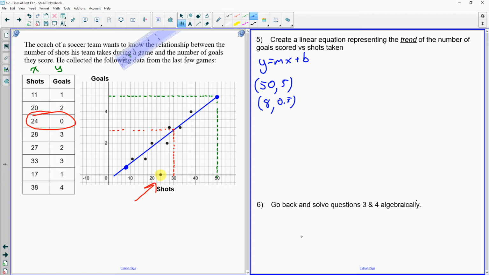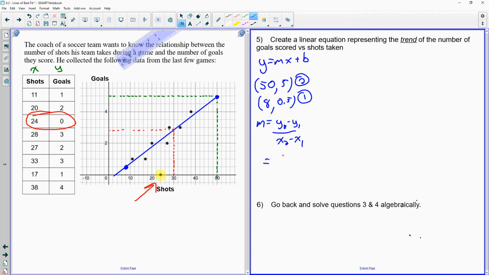So the first thing I want to do with this is find the slope. So remember, slope is y2 minus y1 over x2 minus x1, delta y over delta x. So I will call this one point 2 and this one point 1. Again, it doesn't matter what you call point 1 and 2, they're just labels.